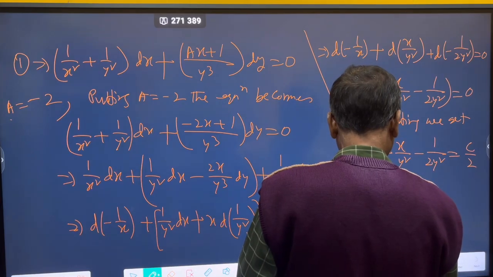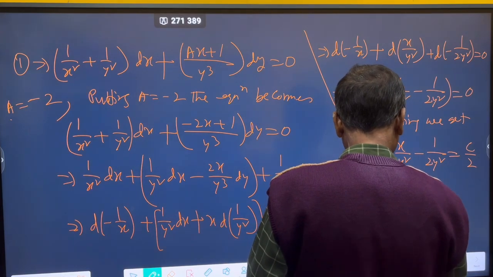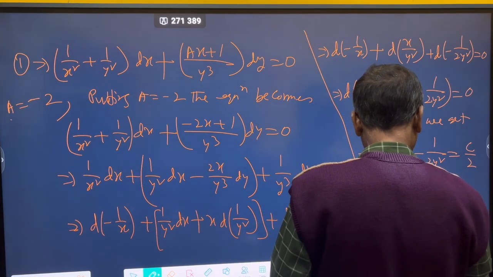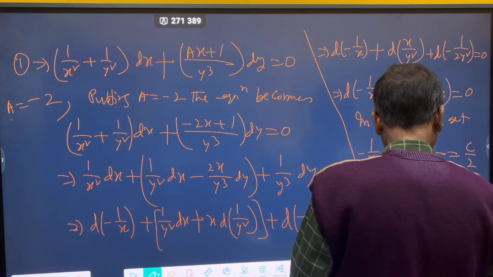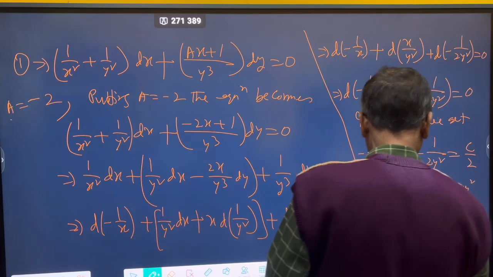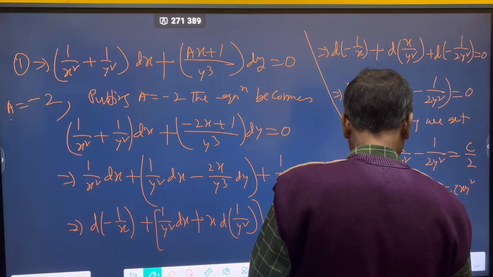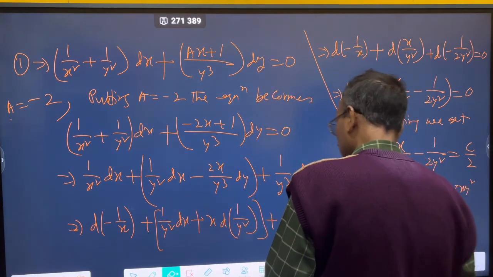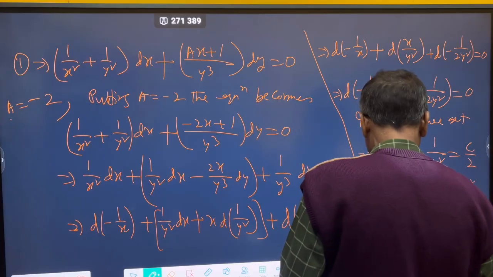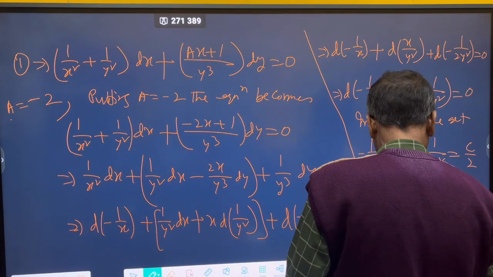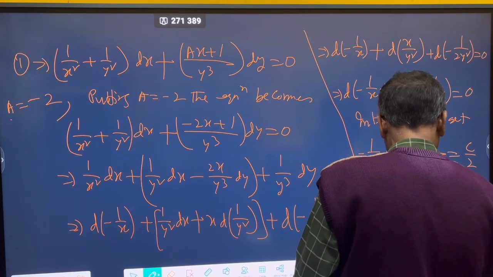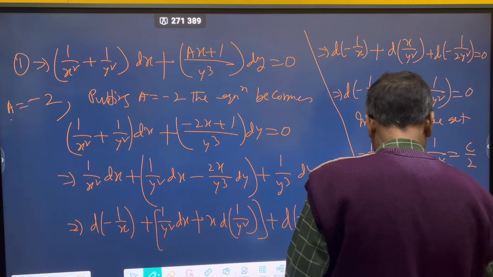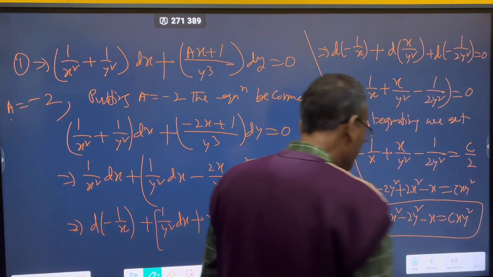Or you may write minus twice y square plus twice x square minus x equal to cx y square. This is the solution of this.